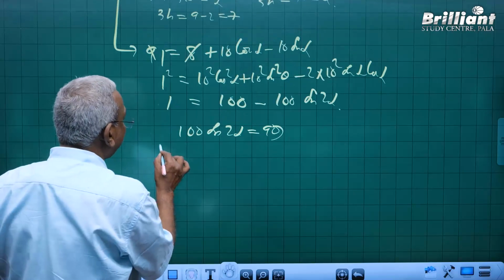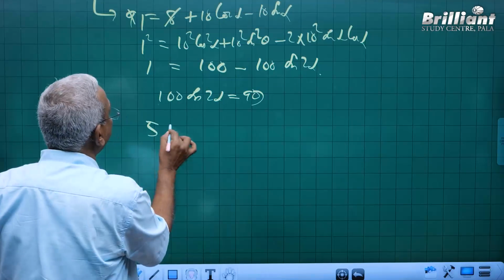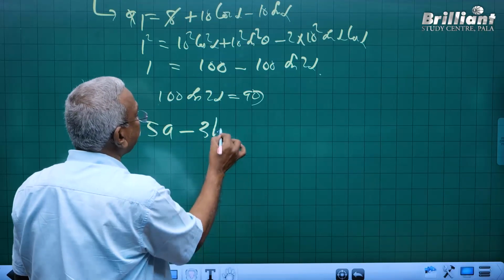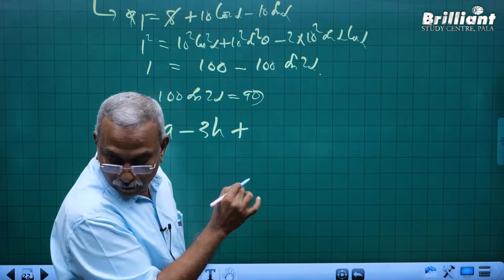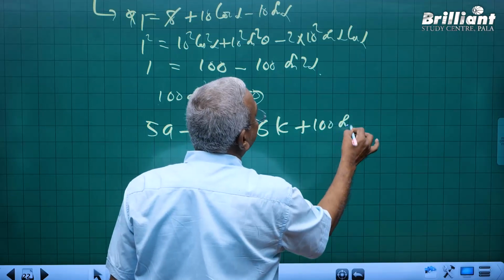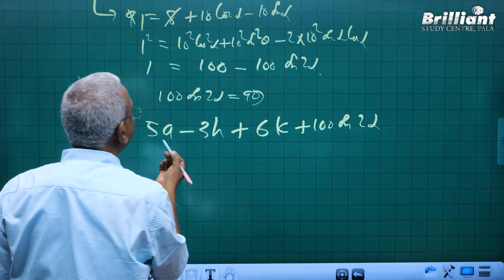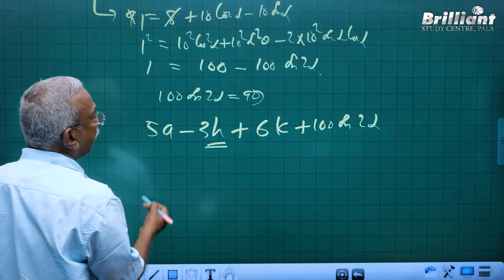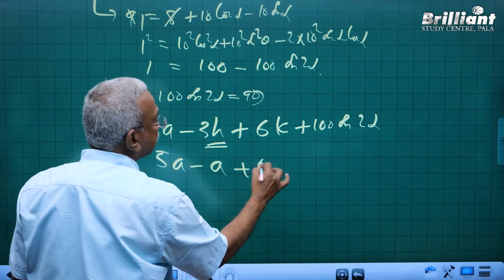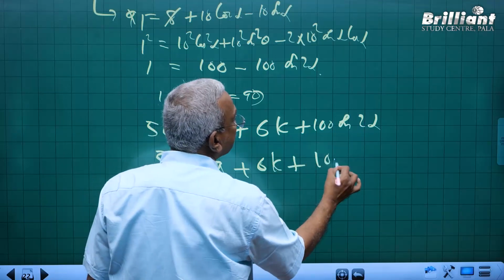Our requirement is 5A minus 3H plus 6K plus 100 sin 2 alpha. You know 3H is equal to A. So 5A minus A plus 6K plus 100 sin 2 alpha.